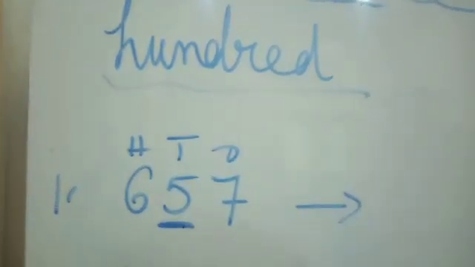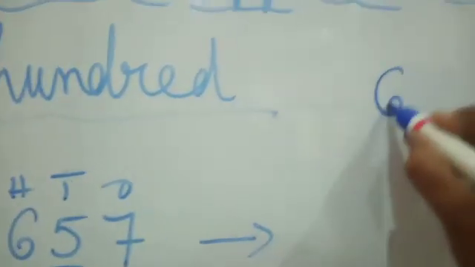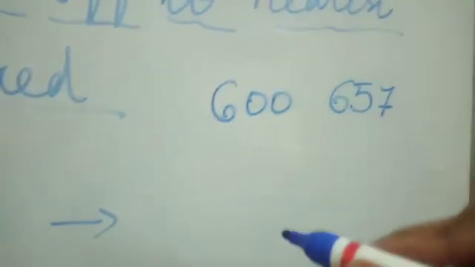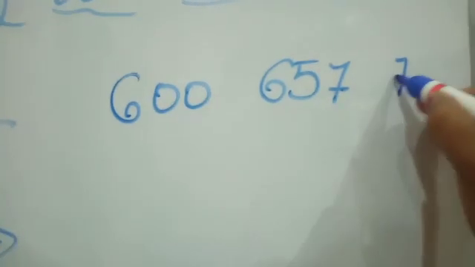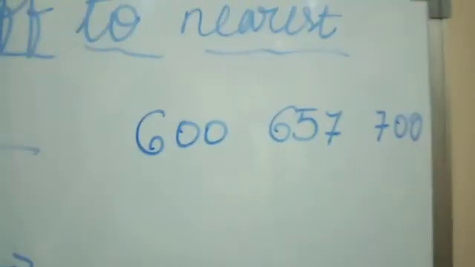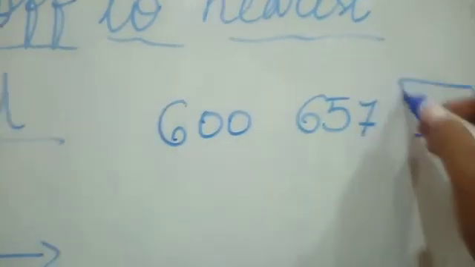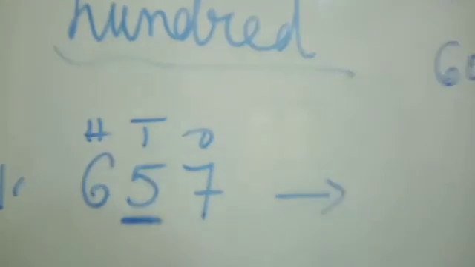Greater 100. So first we can see in which two hundreds the number will lie between. 657 lies in between 600 and 700. So which will be the greater 100 for 657? 700. So the nearest 100 will be 700.